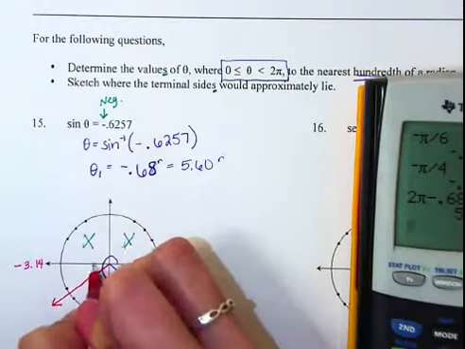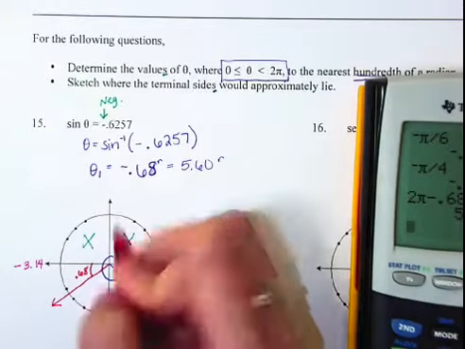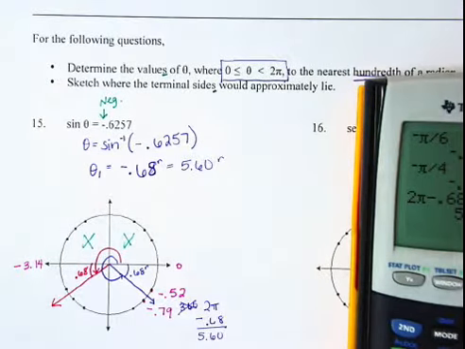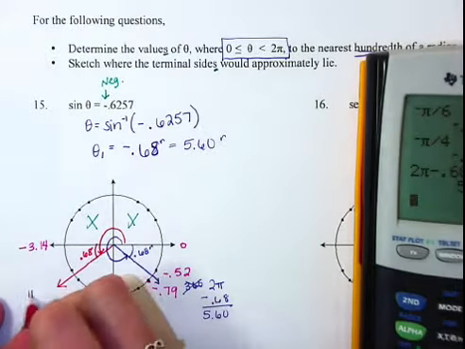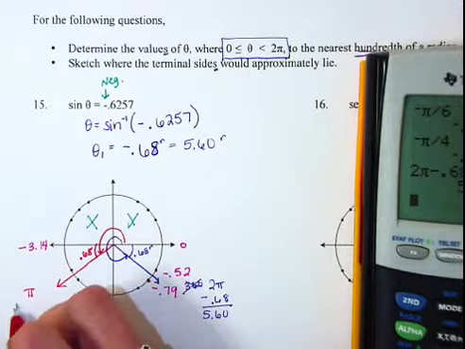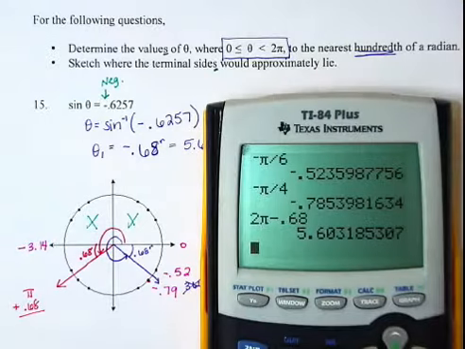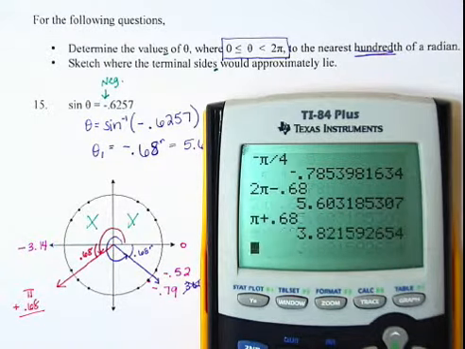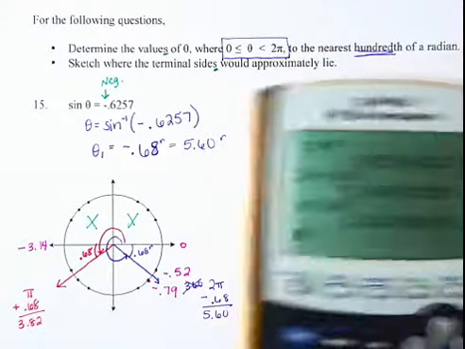I know that the distance to my x-axis is 0.68. So to get to my terminal side, my closest x-axis is pi. But I'm beyond pi. I'm going past it. I'm going past it by a distance of 0.68. So I'm going to add 0.68 radians. And I get 3.82 as my second theta.